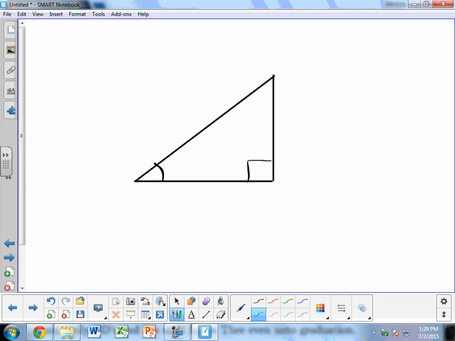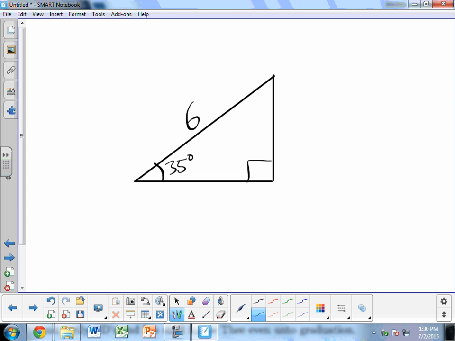This angle down here, it doesn't matter, let's say 35 degrees. Now, I know that the hypotenuse is 6, and let's say I want to find all the other parts of the triangle. There are many, many ways to do this.